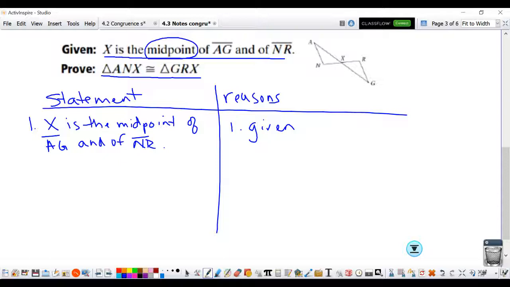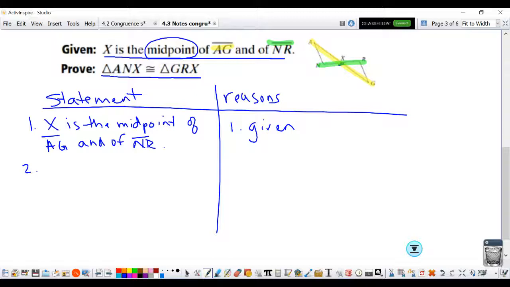All right, so all we know is that X, where the two segments connect, is the midpoint of AG and NR. But I can't really mark up anything in my picture as far as congruence yet because I need to talk more about what the midpoint is.